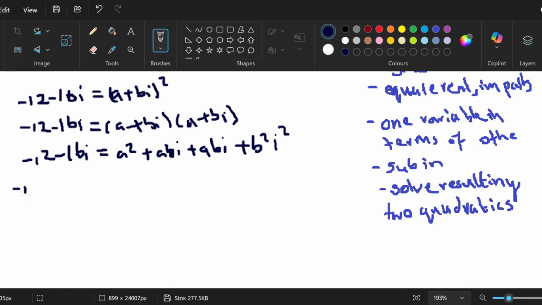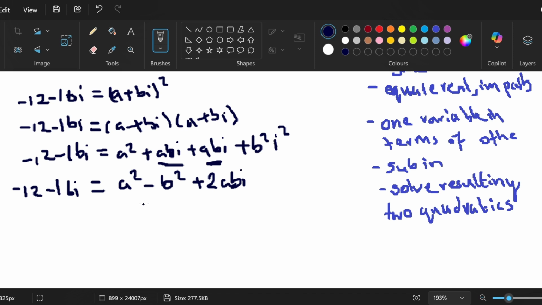Now I'm going to try and simplify so that all my imaginary and real parts are easy to see. I'm going to have a squared here, and this b squared term is times i squared, so i squared, remember, is equal to minus 1. So I'm going to get minus b squared plus abi plus abi is 2abi, because I have 2 of them.